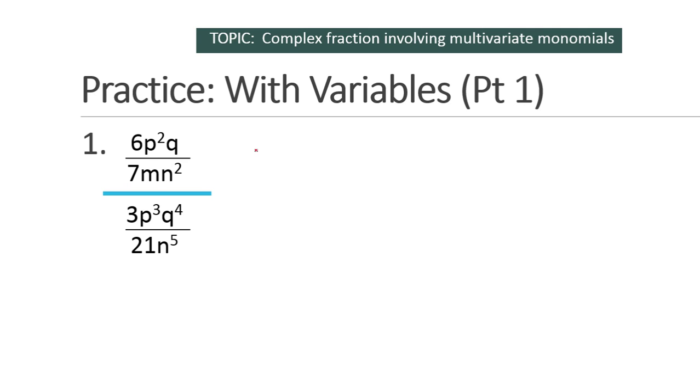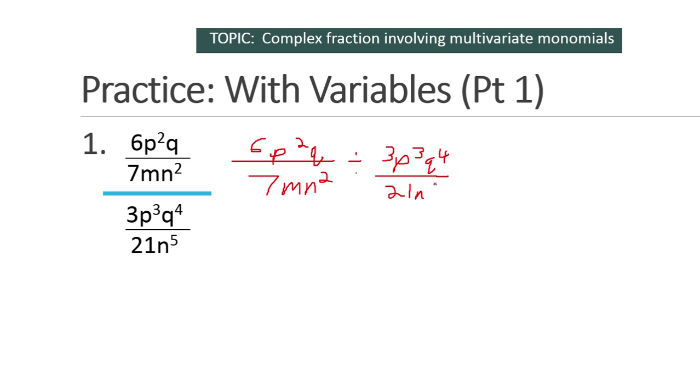So we're going to rewrite it: 6p squared q over 7mn squared divided by 3p to the third q to the fourth over 21 n to the fifth.